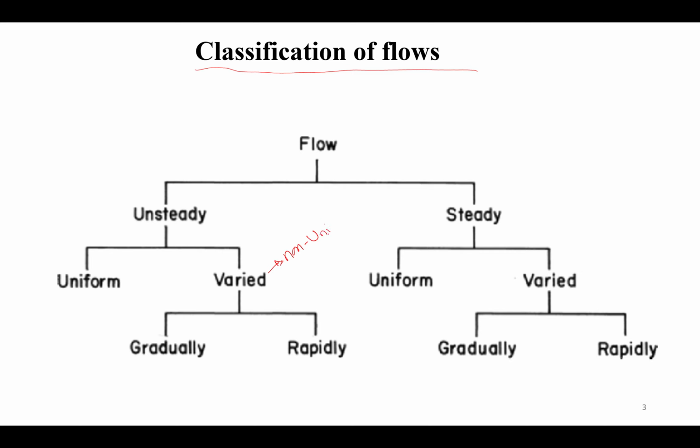Always remember, non-uniform flow may be gradually or rapidly varied. What is the meaning of gradually and rapidly we will discuss in a later section, but for the meantime, try to understand that steady flow may be uniform or varied. Okay, so the definition of steady flow, let us discuss in the next slide.